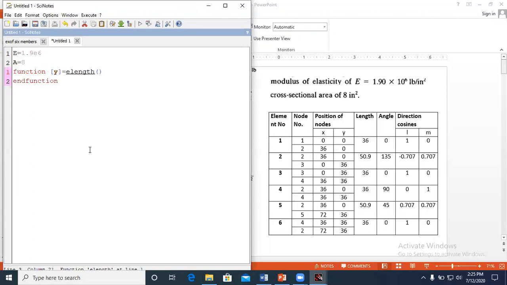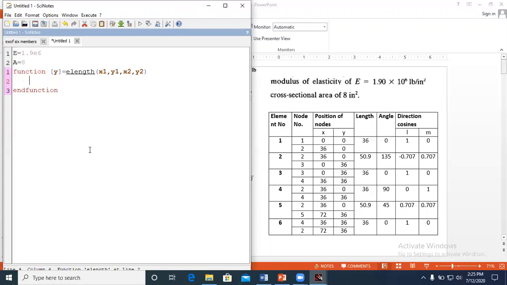Now which arguments do we need here? We need x1, y1, x2, y2. These four arguments are required to receive the actual values and to calculate the length of the element.